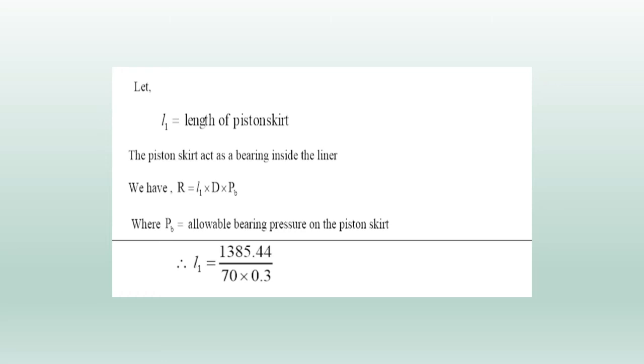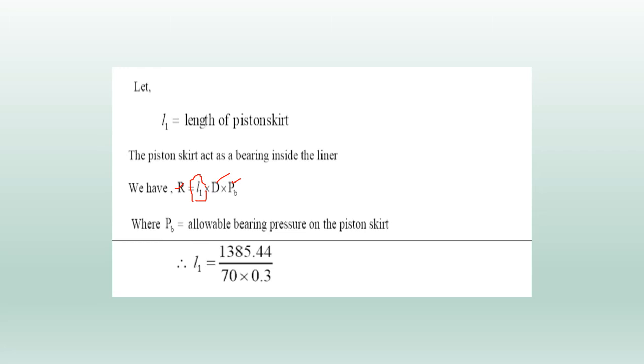So we have capital R equal to L1 into D into PB, where L1 is the length of the piston skirt, and we have to find out this term only. Now you have R, you have capital D, and you have PB. Put all the terms over here and find out L1.